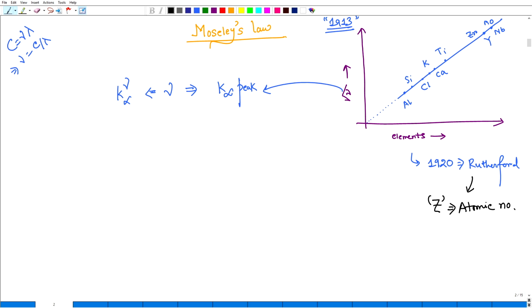So what was the statement? Moseley's law, very important, let me write it in a different color.